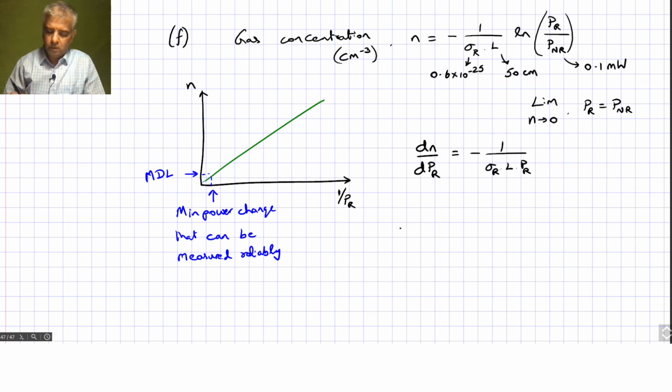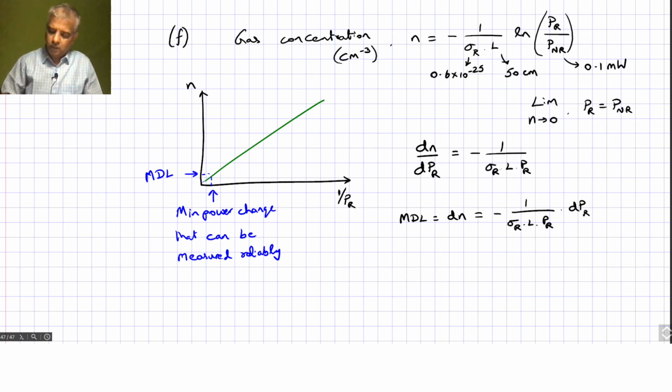So if we want to now find out the minimum detection limit, MDL corresponds to dN, right? That's the smallest change in the concentration that we can pick up. That corresponds to 1 over sigma R L PR multiplied by the dPr.